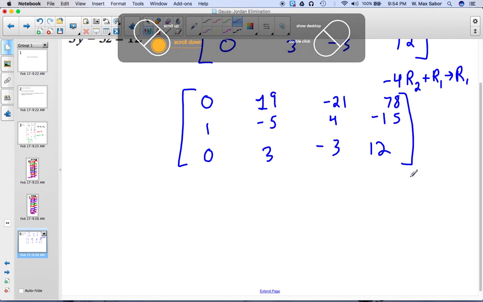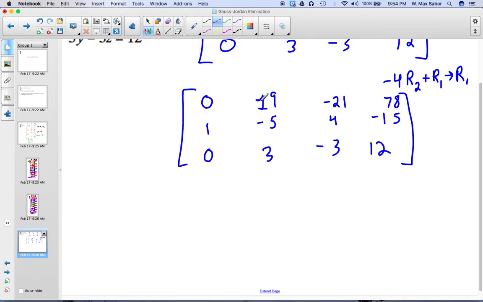What I can do now, if I focus on the first and the third rows, I'm gonna take a third of that third row because those are all multiples of 3.